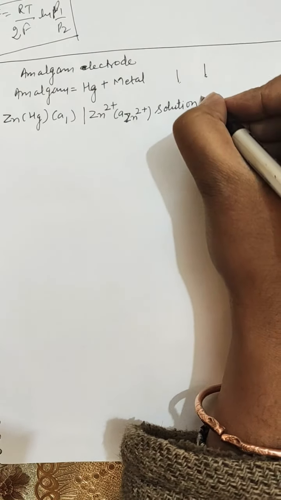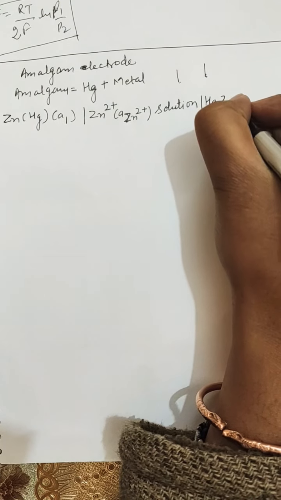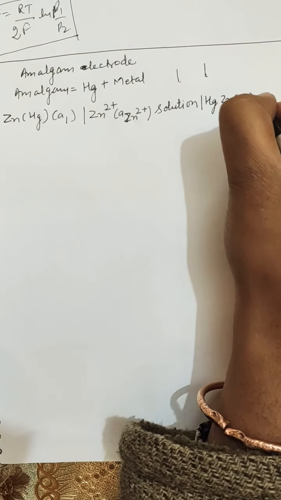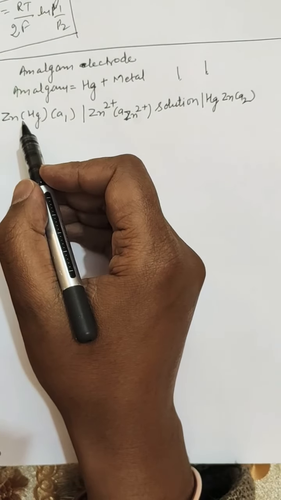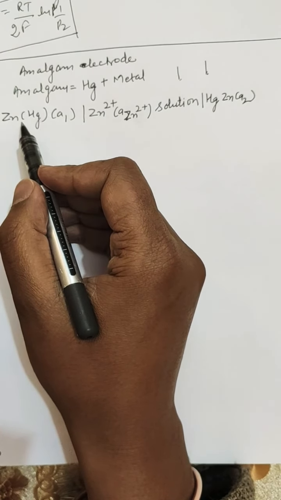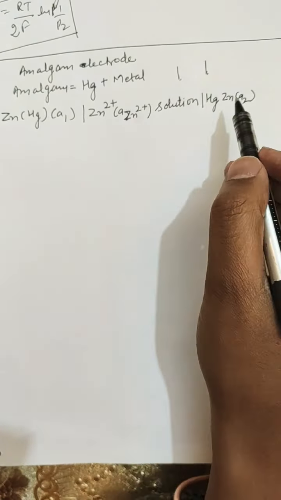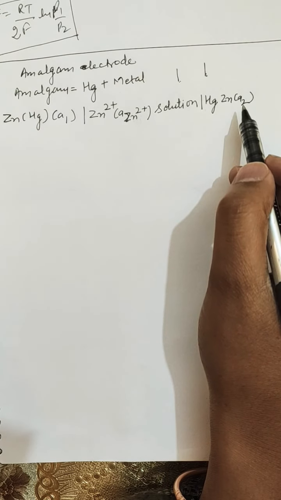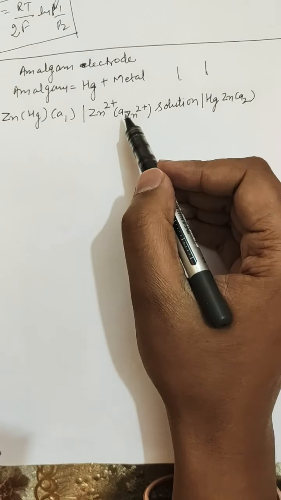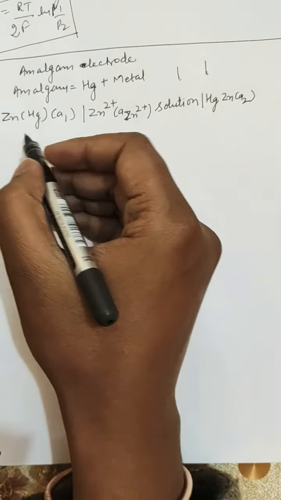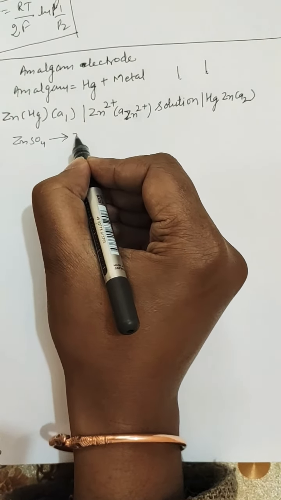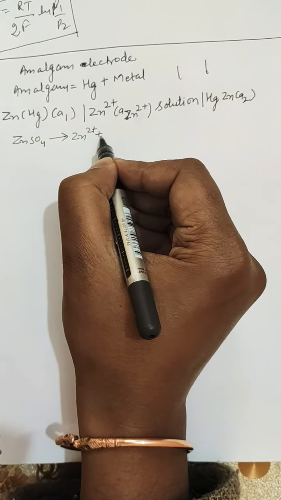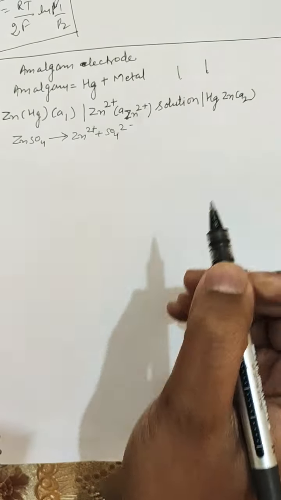Further, mercury, zinc, A2. So two electrodes are taken, metal amalgam electrodes. In one electrode the concentration is A1, and in the other electrode the concentration is A2, and the solution of its ion is taken as zinc sulfate, because in zinc sulfate zinc exists as zinc 2 positive plus SO4 2 negative.